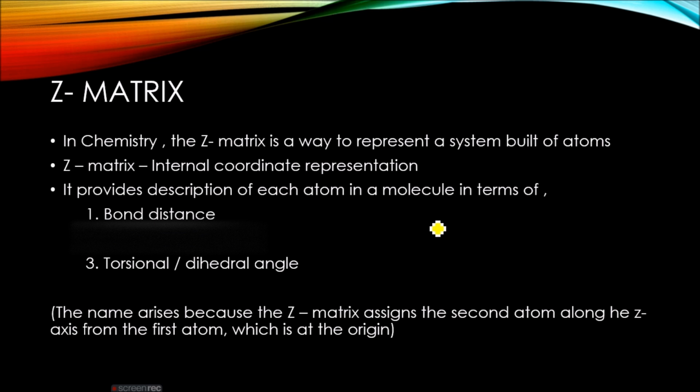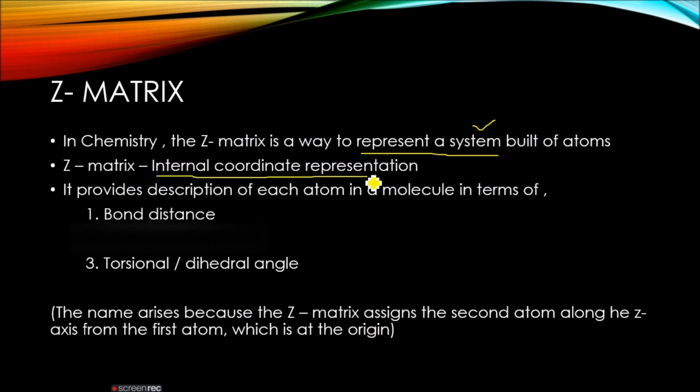In chemistry, the Z matrix is a way to represent a system built of atoms. Here, the system represents your molecule. Your molecule is built of atoms, so this representation of that molecule is your Z matrix. It is also known as the internal coordinate representation.